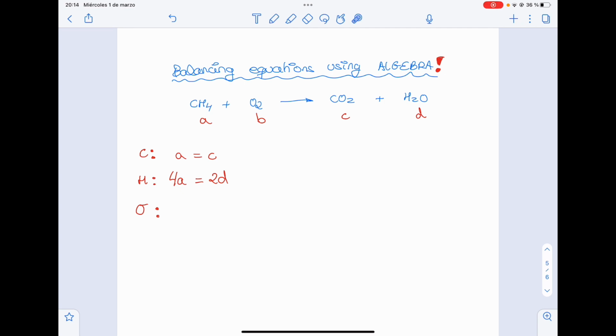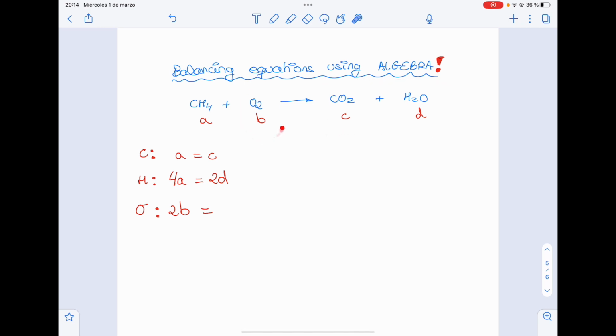So now I'm going to count the oxygens. I have 2 oxygens in B, so 2B is going to be equal to, and now I have 2 oxygens in C and 1 oxygen in D. So the oxygens that I have in the reactants have to be equal to the oxygens that I have in the products.